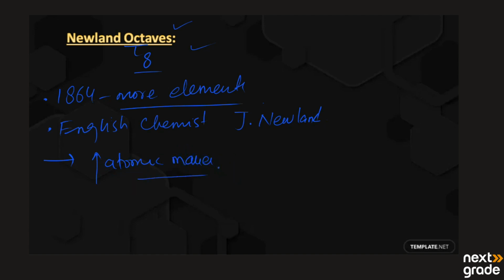He classified the elements in groups of seven, and he found that every eighth element had properties similar to the first one. He arranged lithium, beryllium, boron, carbon, nitrogen, oxygen, and fluorine.